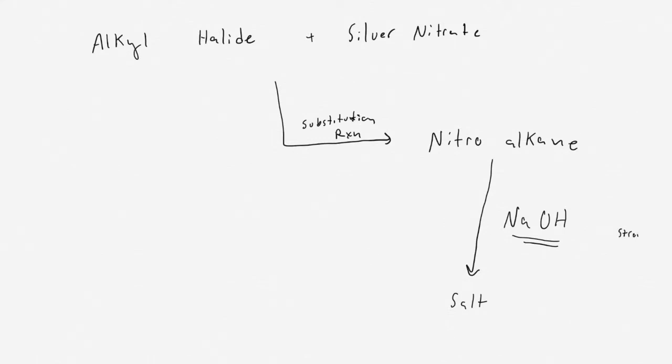You want something that's going to really be a very strong base because the hydrogen or the proton involved has pretty high pKa. I think it's like 16, 17 or something. But you also want to make sure that this nitroalkane is either primary or secondary substituted, because we need one hydrogen in order to do this whole process. And I'll explain sort of what I mean by that.